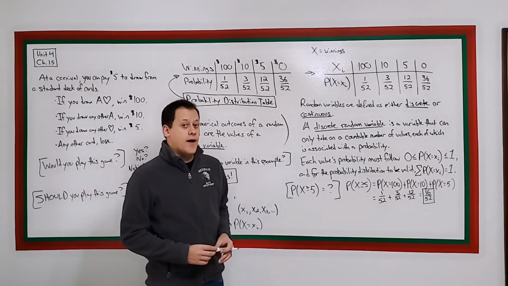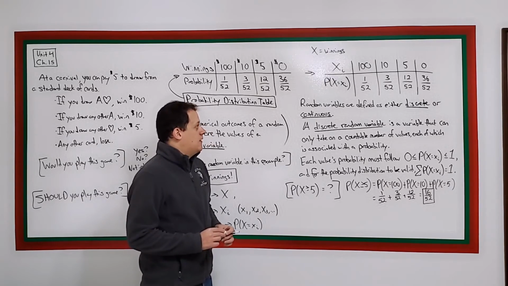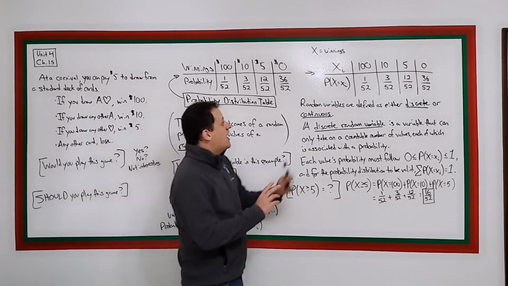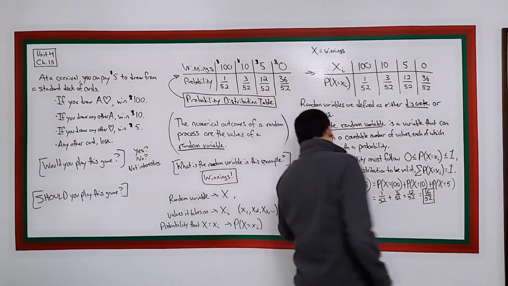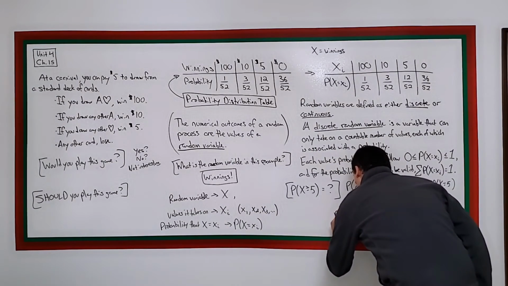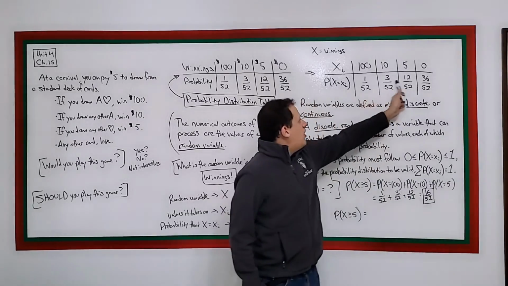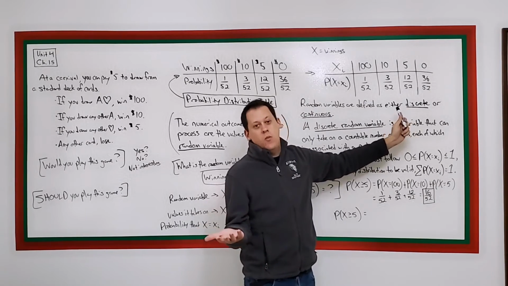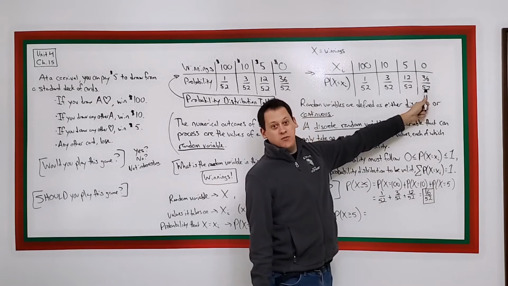Can you think of another way? We could use the complement rule. Now that we have our complete table, the probability that x is greater than or equal to 5, instead of adding up all 3 of these probabilities, which is easy enough, but let's say we didn't want to, we could just take 1 minus this probability.